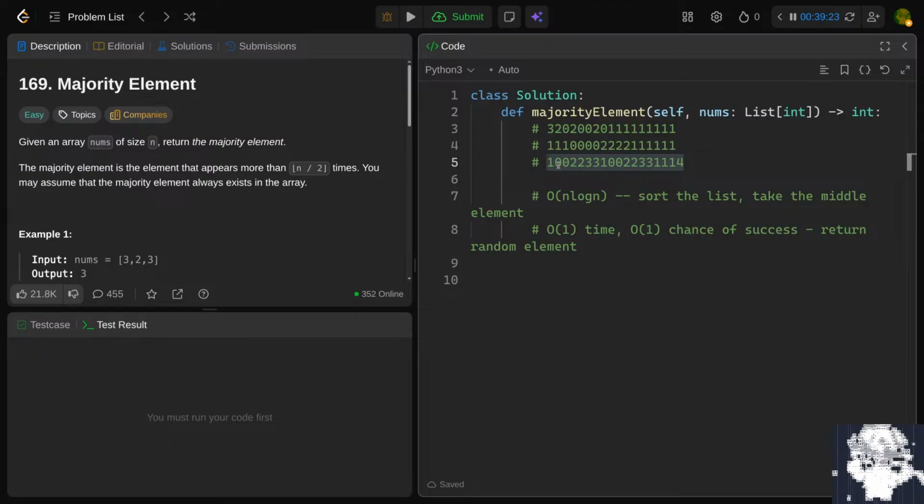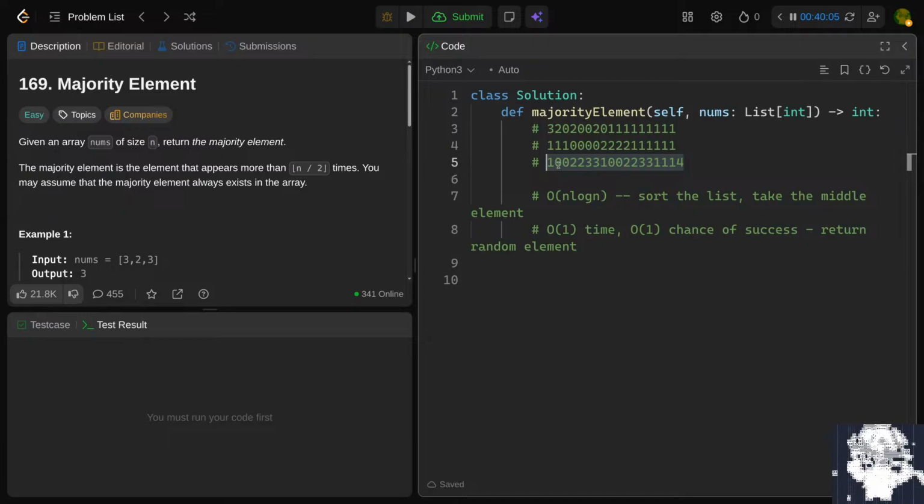It just seems to me like if you're going to keep evicting it, that means you have to keep having other numbers, you have to keep having a rolling count.